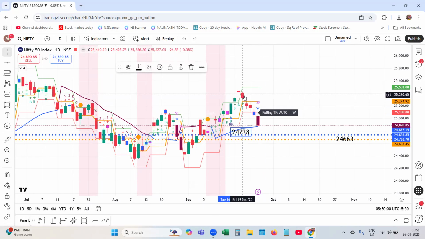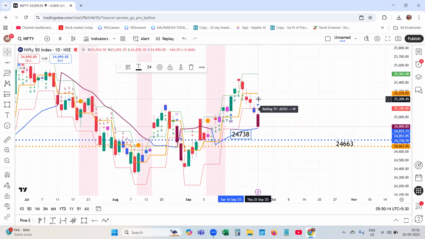See here, after the fall, this is the wide range bar. The wide range bar has been coded. You can see SS, BB. After the wide range bar, the market will go sideways.